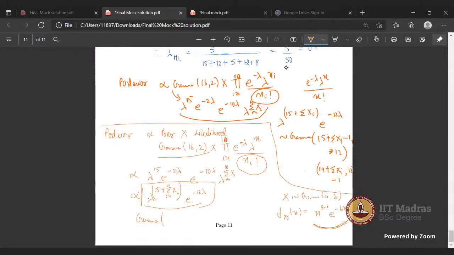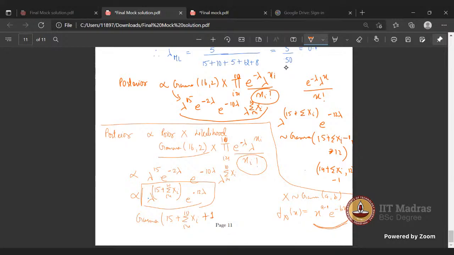15 plus sum over xi, right? Yeah. Sum over xi, i varying from 1 to 10, and plus 1.